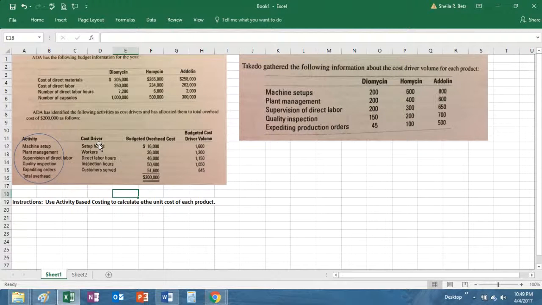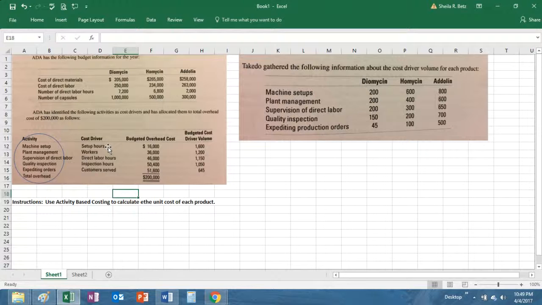In this case, they said we really think setup hours has a direct correlation with the cost in this group. And if you think about it intuitively, the more setups you have on a machine, probably the more oil changes you would use, so that drives an overhead cost. More setups probably require more maintenance, hence another overhead cost.